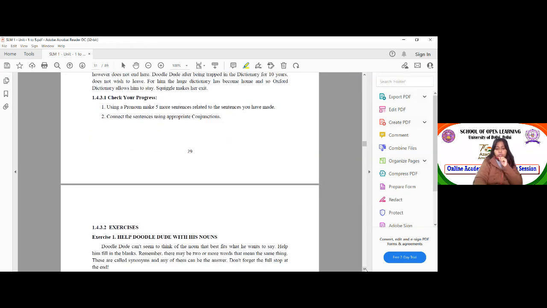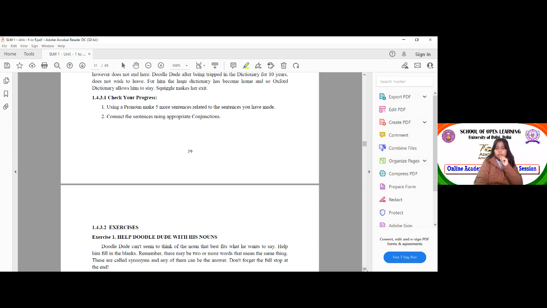Now, this class is to make you understand things properly, so it is for you to practice. They have given you two exercises to check your progress. One is using pronouns and making 5 sentences and connecting the sentences with appropriate conjunctions.